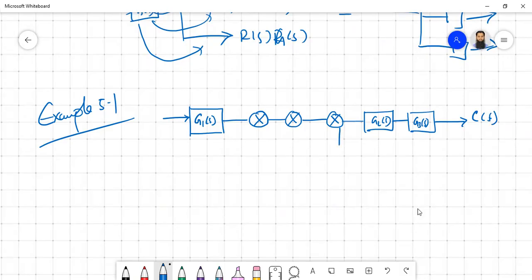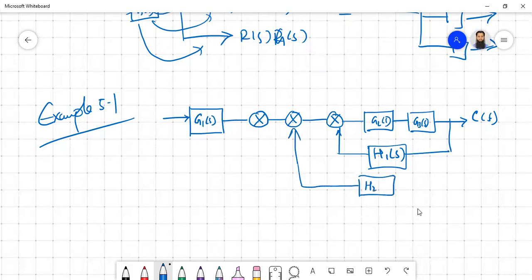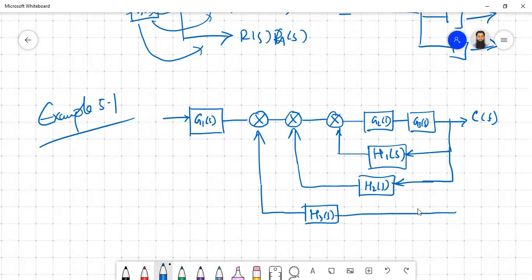Say we have one gain H1S here, another gain H2S from the same node, and also another one here, H3S.